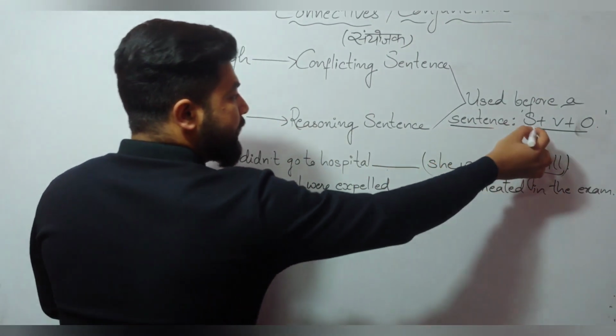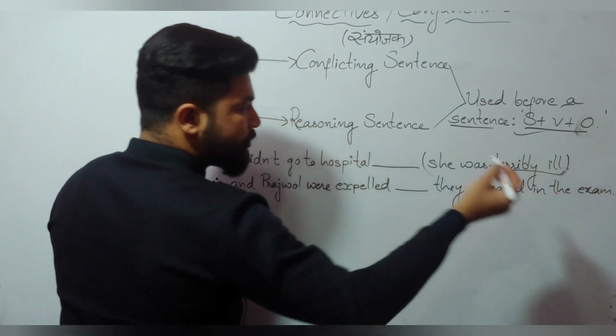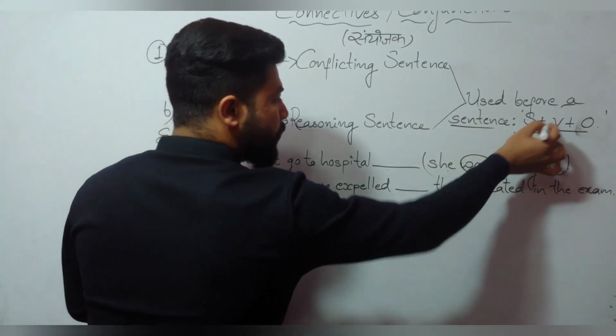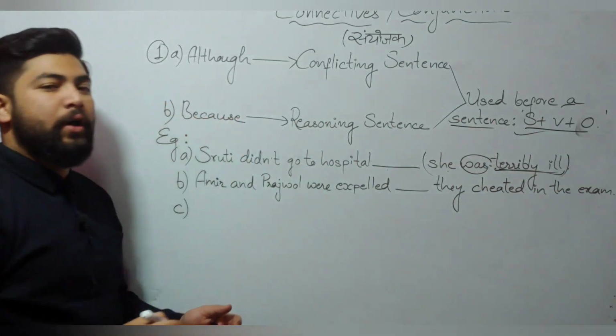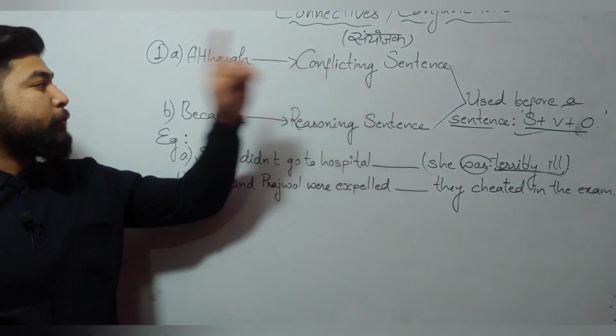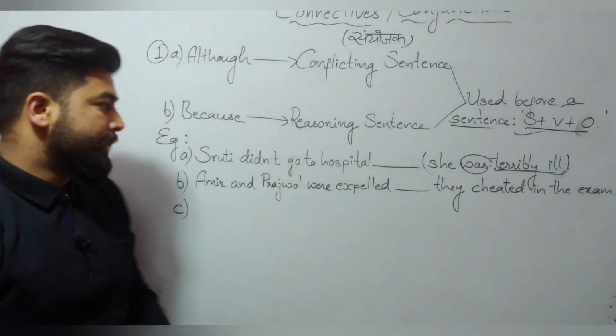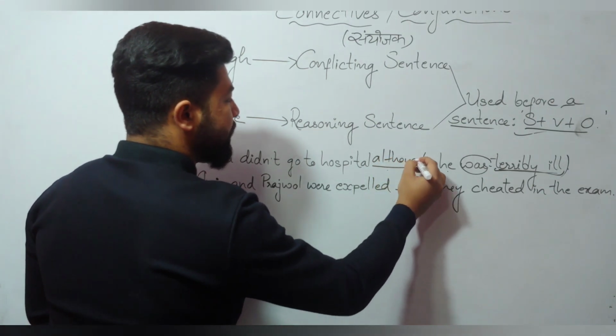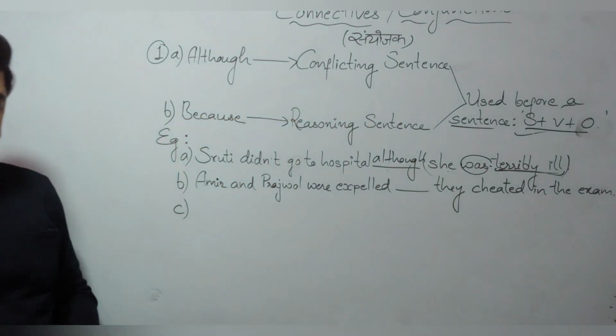Is it in accordance with this pattern? Just check out. See, here is the subject, the verb was, and here is the object. So the sentence has this sort of pattern, and this is conflicting, which is why your answer is Shruti did not go to hospital although she was terribly ill.